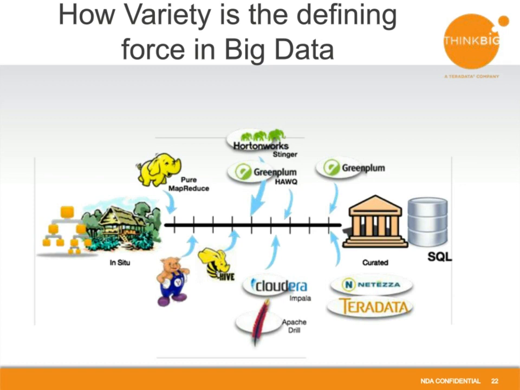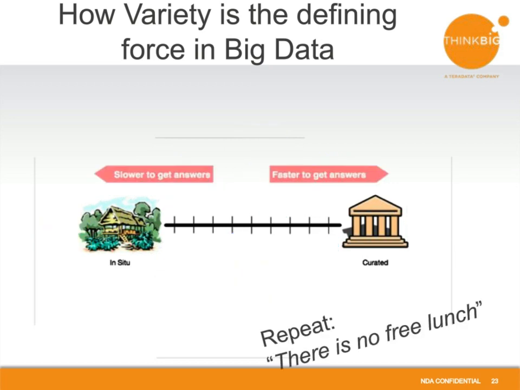You see things like Stinger from Hortonworks, Greenplum's HAWQ, and Teradata's QueryGrid capabilities, where you're applying some relational model on top of the raw things. Ultimately, you get to a highly modeled, highly known situation where the data is curated. Usually that's in a SQL database, but it could be on a big data platform as well.